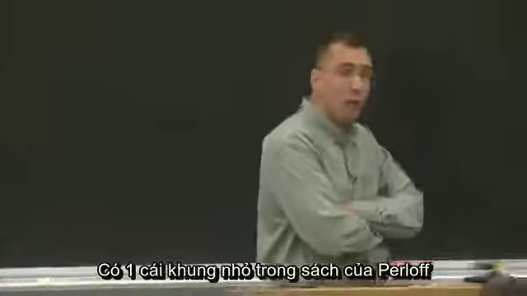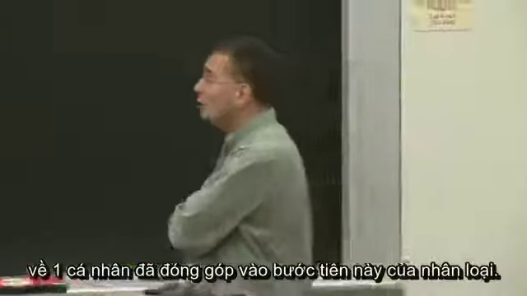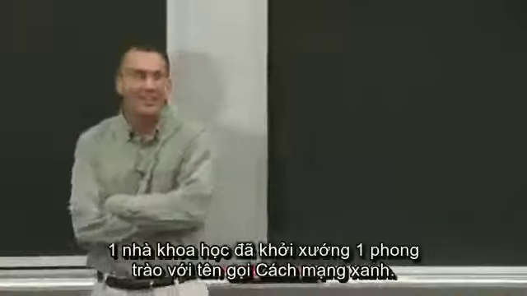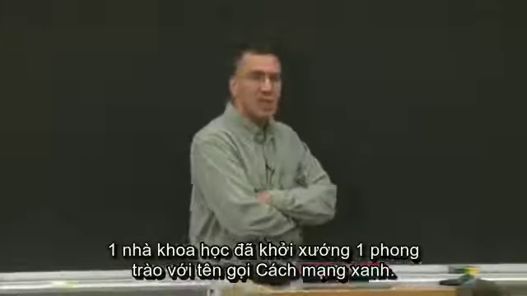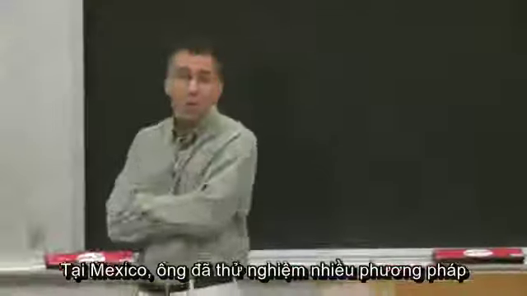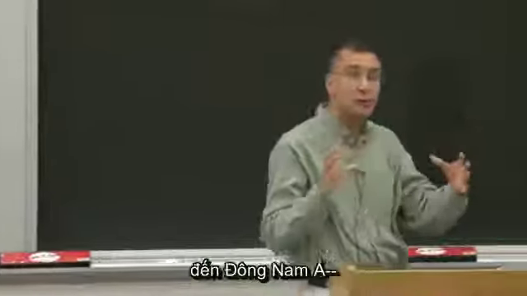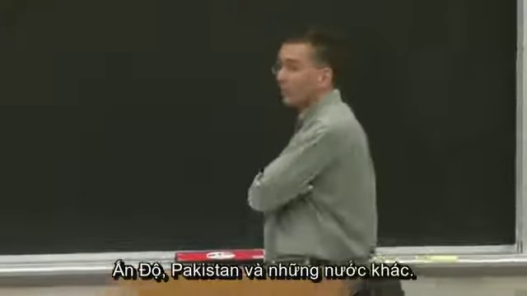There's actually a great little box in the Perloff text about a single individual and his contributions to that, an economist, a scientist who led what's called the Green Revolution. He developed experimental methods. He experimented in Mexico with different methods of improving agricultural productivity, and then brought those to Southeast Asia, India, Pakistan, and other places.